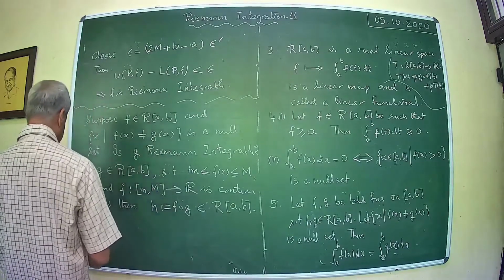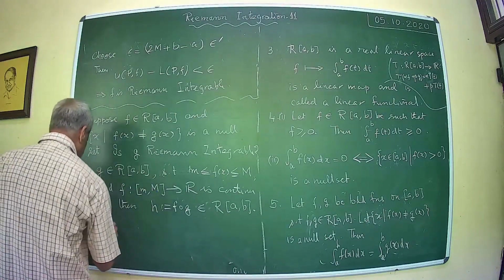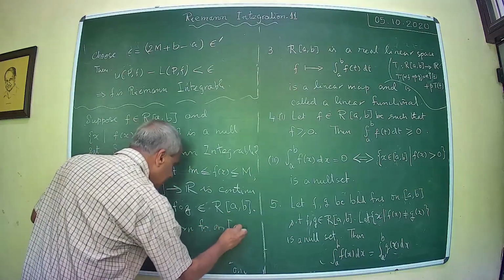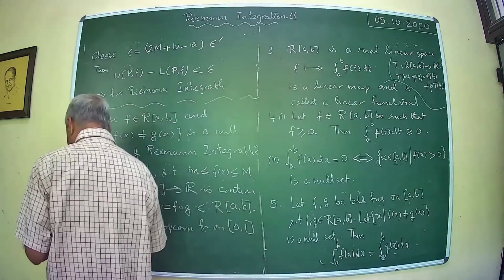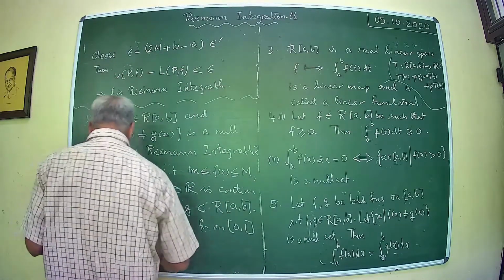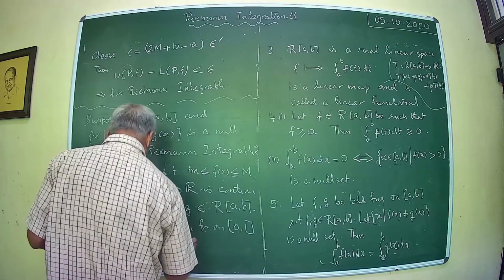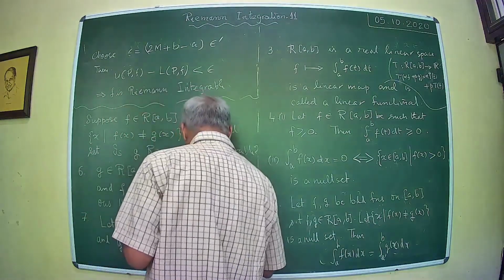So let us take g(x) equal to 1 if 0 less than x less than or equal to 1 and g(0) equal to 0.